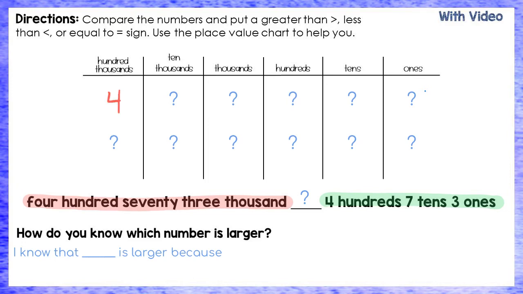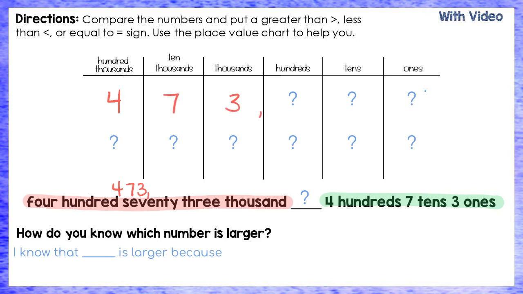Then we're going to put 73,000. So 70,000 would go in the 10,000s. We have 473, but that's all before the thousands comma.